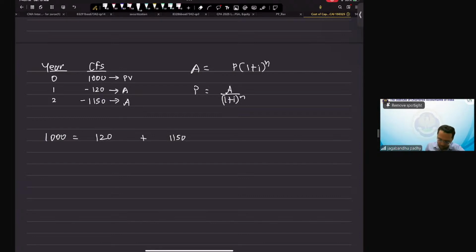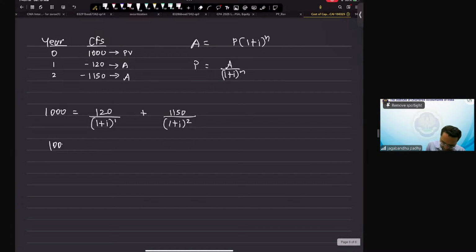So 120 divided by 1 plus I raised to 1, and this is going to be 1150 divided by 1 plus I raised to 2. So we essentially have this 1,000, which is a present value, equal to first year cash flow divided by 1 plus I, and second year cash flow divided by 1 plus I raised to 2.